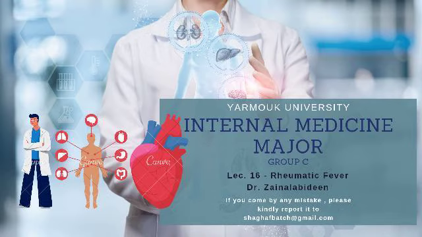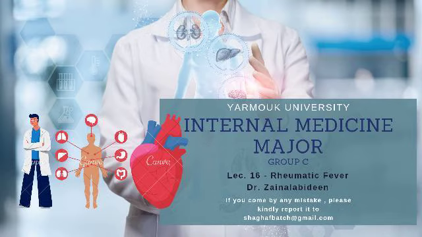Acute rheumatic fever, incidence and pathogenesis. This disease is common in children between 5 and 15 years of age. We have to note, I am saying common, I am not saying only. Right?